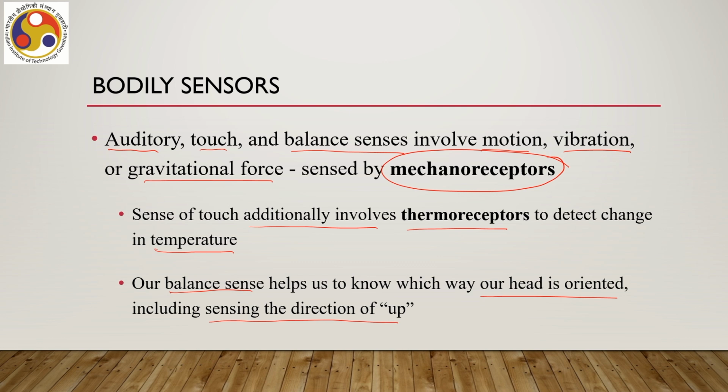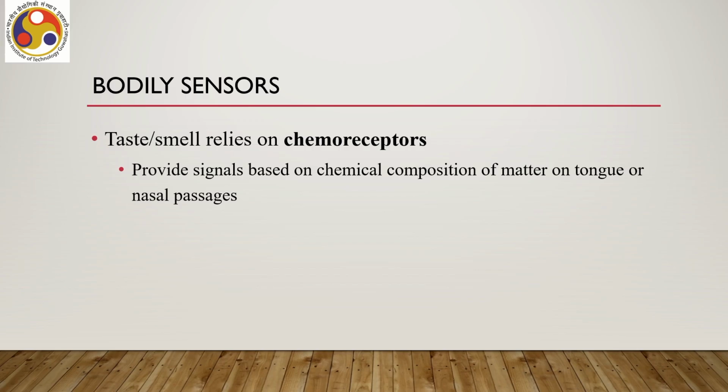Taste and smell, these two senses rely on chemoreceptors, which provide signals based on the chemical composition of matter on the tongue or in the nasal passage, depending on the sense.